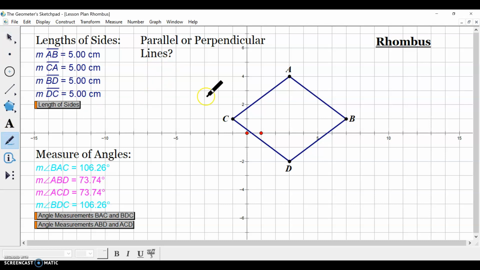So from this, we can also see that it, just like a parallelogram, has two sets of parallel lines. And so far, with all of our quadrilaterals, we can see that none of them have perpendicular lines because none of the angles have been 90 degrees.